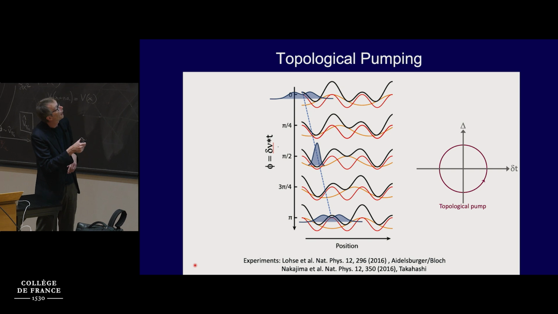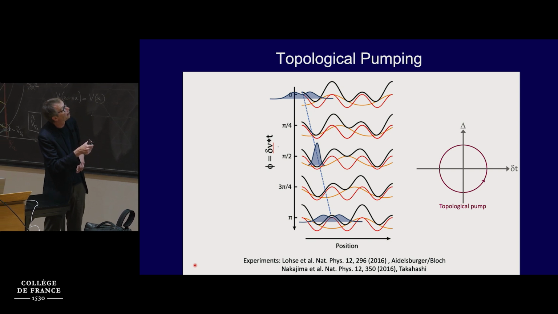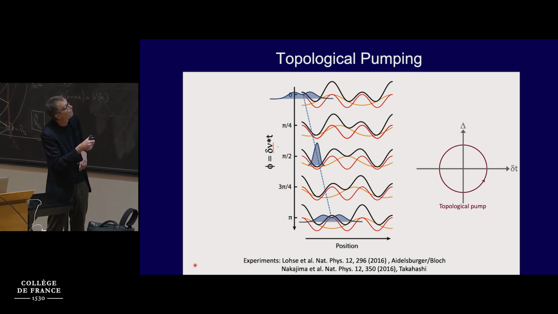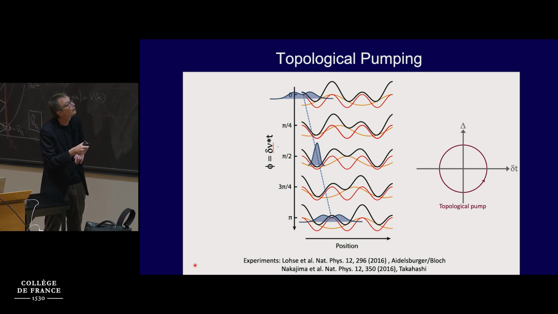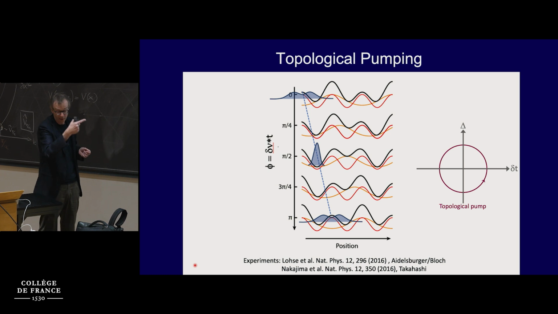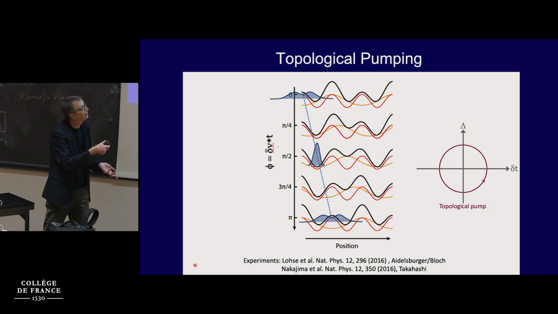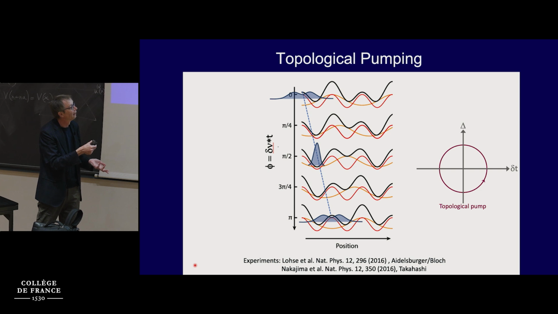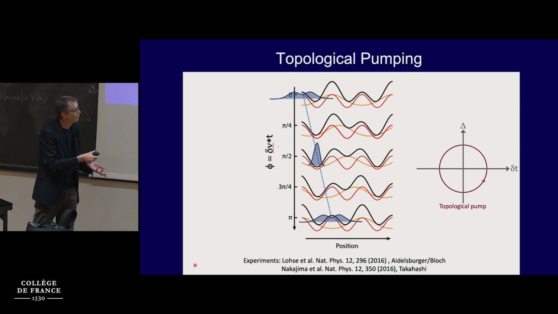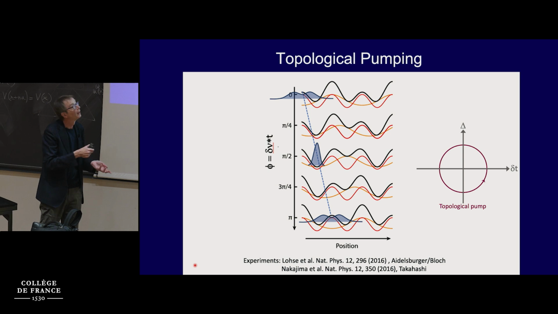If you look now at an atom, say, localized or mostly localized on a symmetric double well, and now you do your cycle, then you will fill it into the next well adiabatically, and then from the next well into this double well, which is shifted with respect to the first one.